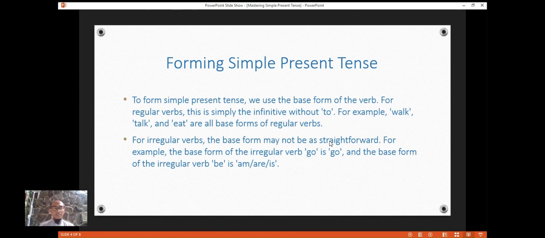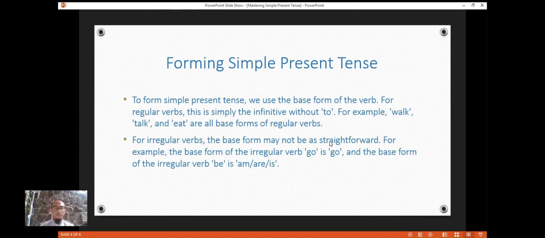Forming simple present tense. To form simple present tense, we use the base form of the verb. For regular verbs, this is simply the infinitive without "to." For example, walk, talk, and eat are all base forms of regular verbs.